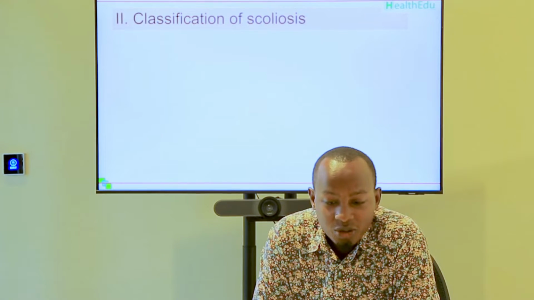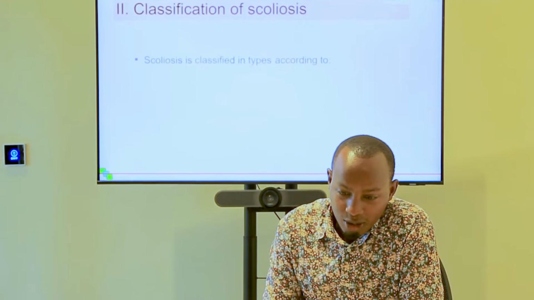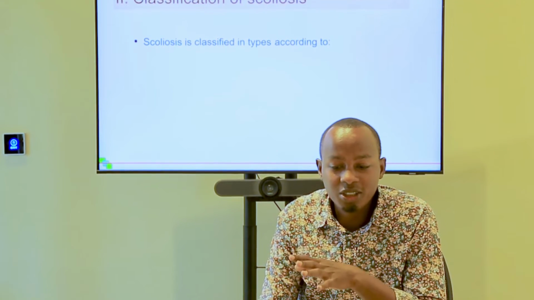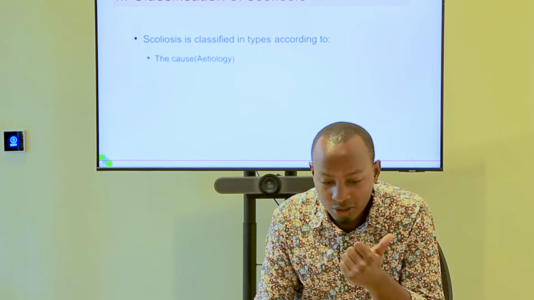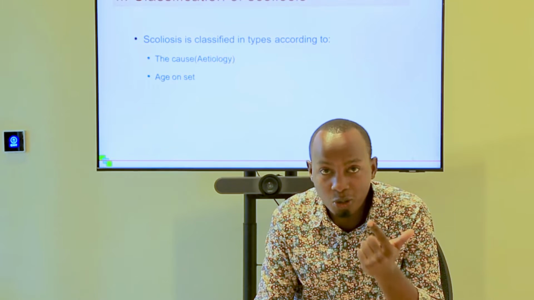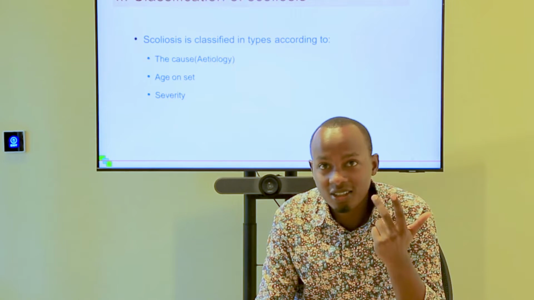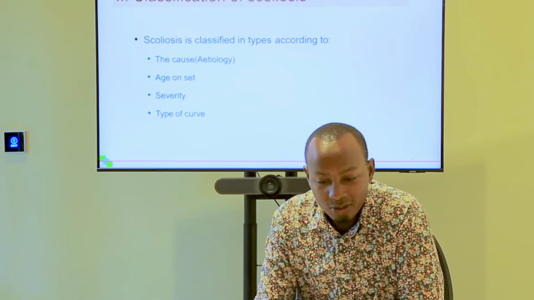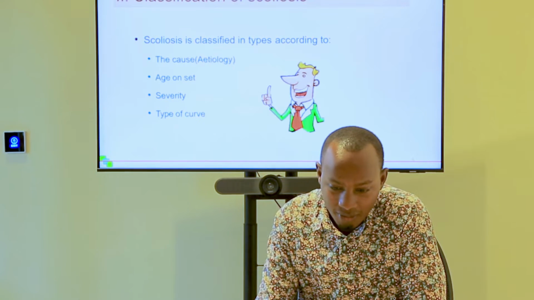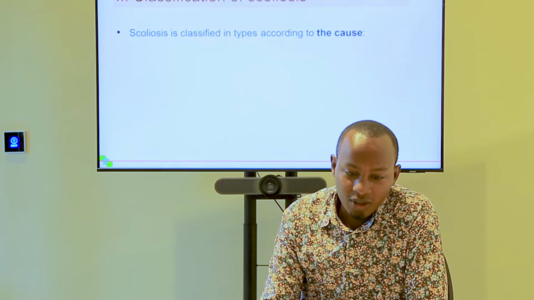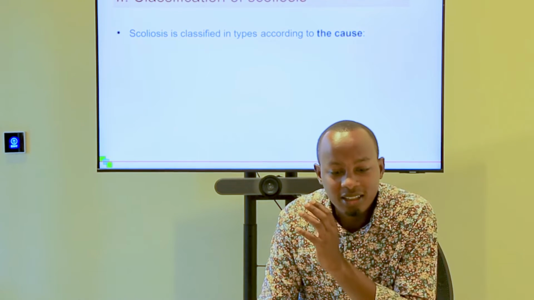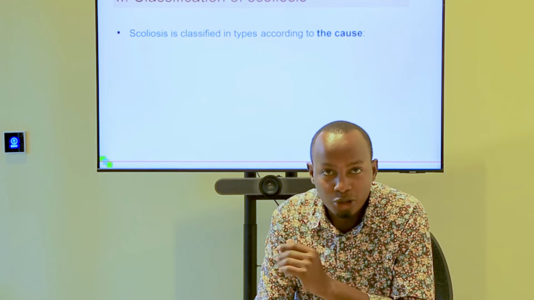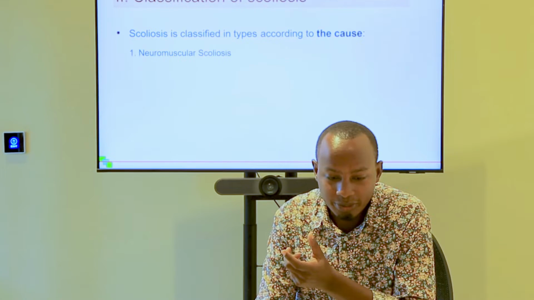What are the classifications of scoliosis? We classify scoliosis depending on the cause, the age of onset or when it started, the severity of the scoliosis, and lastly the type of curve of that scoliosis. So let's start with the scoliosis classification according to the causes or the etiology.